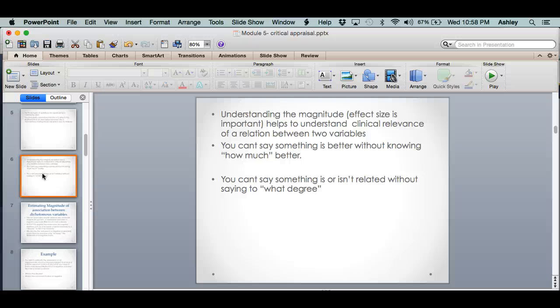You want to have an understanding of the effect size, and that helps to make sense of the clinical relevance of a relationship between variables. Essentially, you can't say something is better without knowing how much better, and you can't say something is or isn't related without saying to what degree. Now, what does that mean?